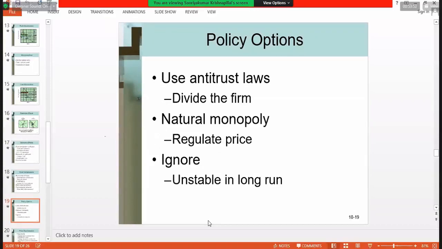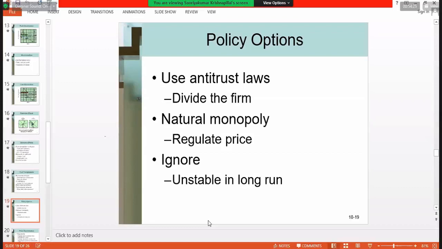If it is a natural monopoly, like some essential service, electricity, water supply, or essential product like fuel, the government regulates the price. They set the price, and the monopoly should sell that product at that price. That is not like when marginal revenue equals marginal cost.